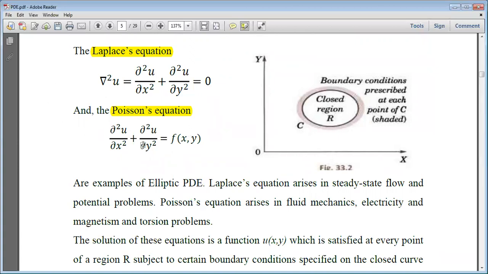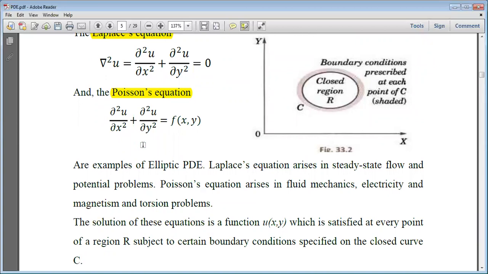Now, to solve the elliptic equations, what is the solution of any elliptic PDE? Before that, understand where elliptic PDEs come up. Laplace equations arise in steady flow and potential problems, while Poisson's equations arise in fluid mechanics, electricity, magnetism, and torsion problems.